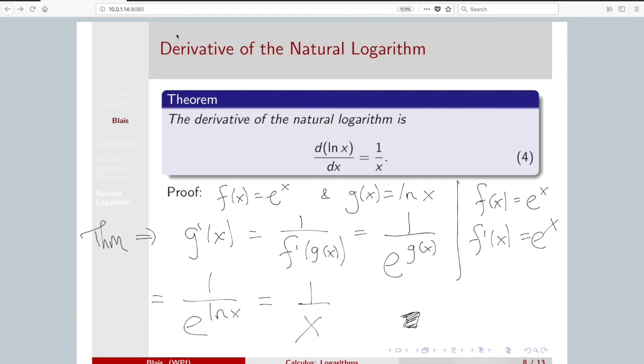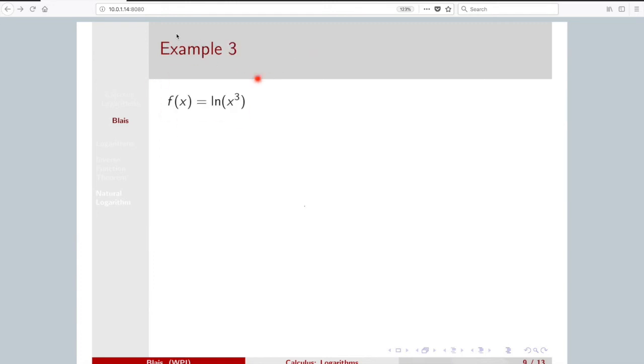How might we use this? Well, sometimes we're taking derivatives of functions that involve the natural log, like this case here. Now, let's use our chain rule, and let's be explicit first. Let's say f of x is g of u. So we'll have g of u is natural log of u.